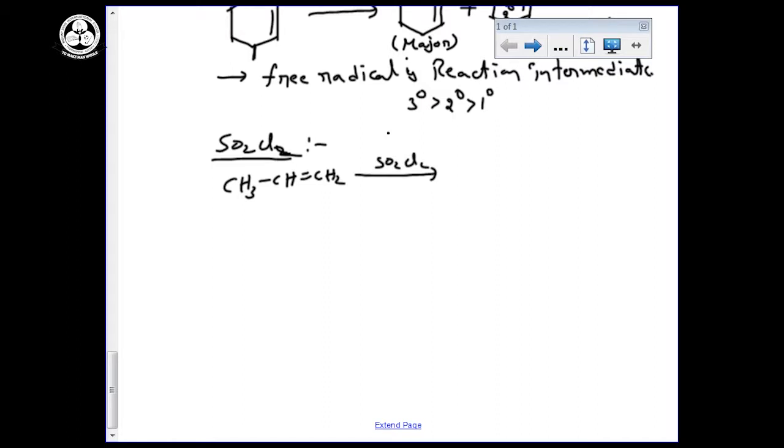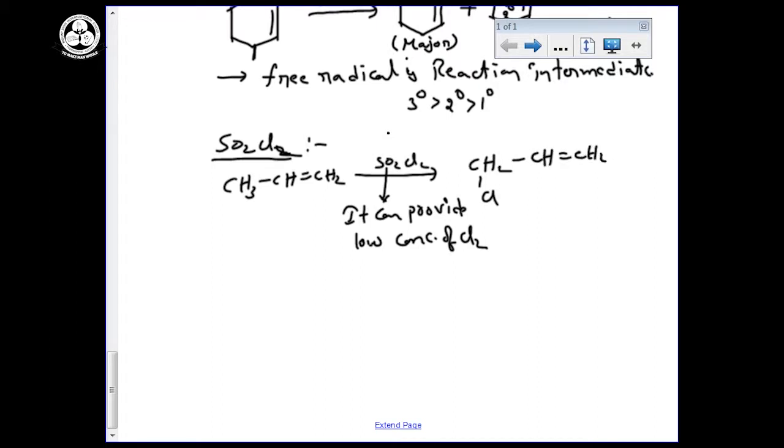Low concentration sulfonyl chloride can provide a low concentration of Cl2. If it is high concentration, it can undergo the addition reaction, and the compound is different. Low concentration means it can undergo allylic substitution. Now you can get the answer, allylic chloride. This is the allylic substitution reaction.